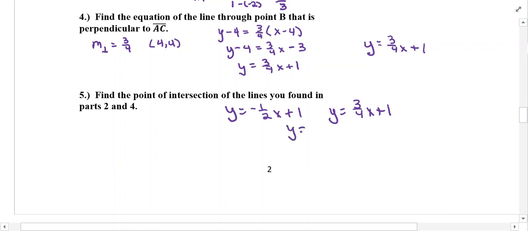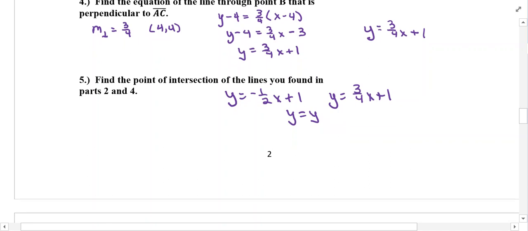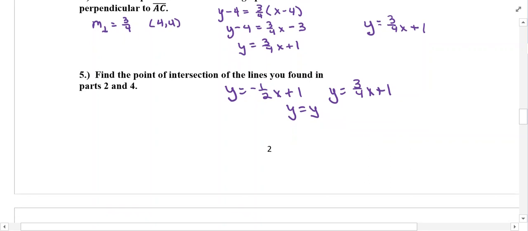We know that y equals y, so we set the two equations equal to each other. So -1/2 x plus 1 equals 3/4 x plus 1.